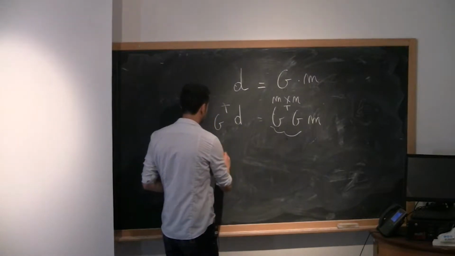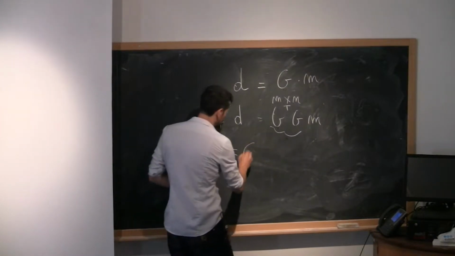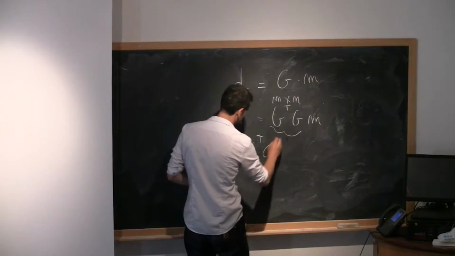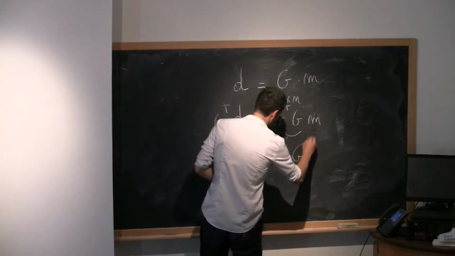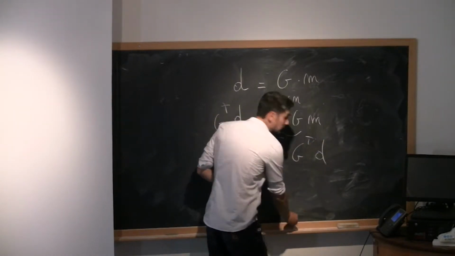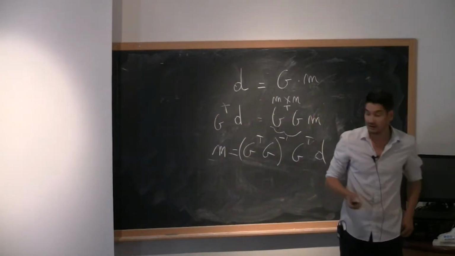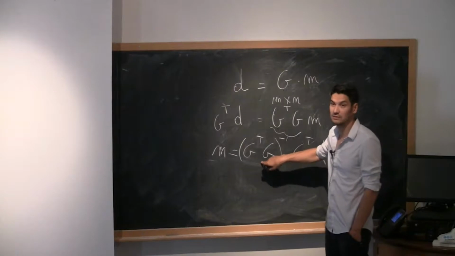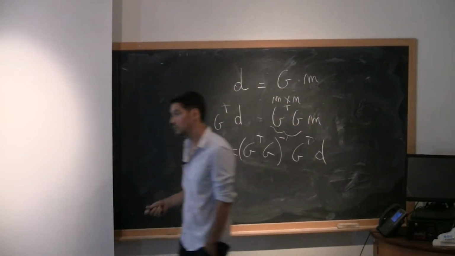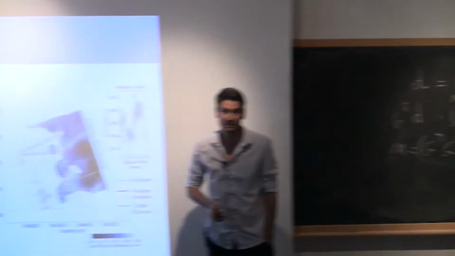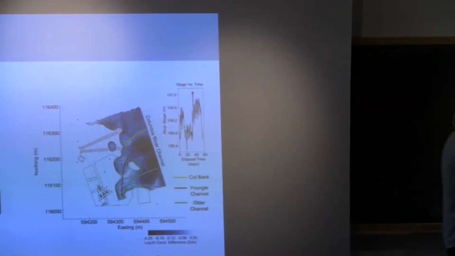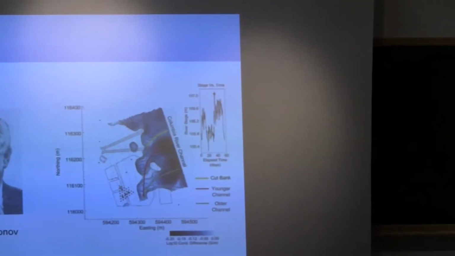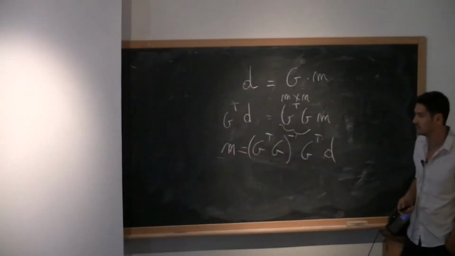So you would have the solution of your inverse problem as (GᵀG)⁻¹ Gᵀd, right? And there you would have a solution. The only problem with that is that the condition number of the matrix you form is pretty large, so it makes the problem quite unstable. So what Tikhonov proposed is to stabilize this inversion, and we'll see how in a minute.